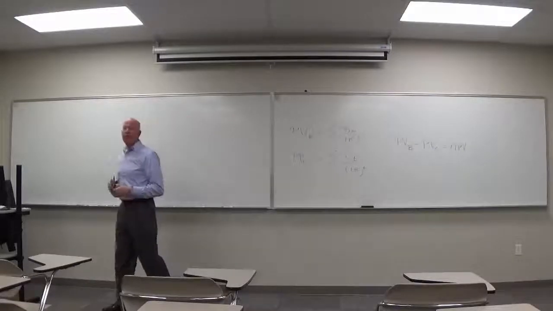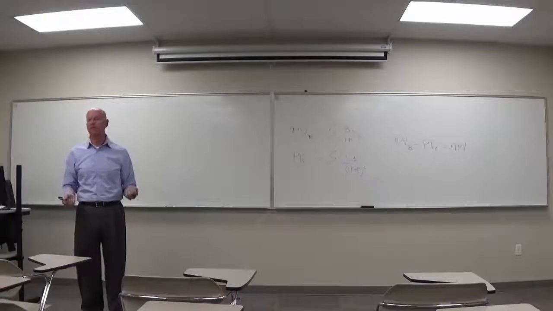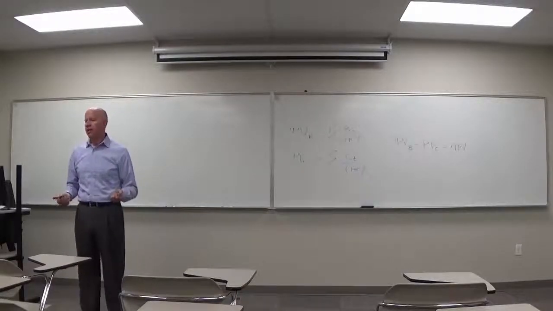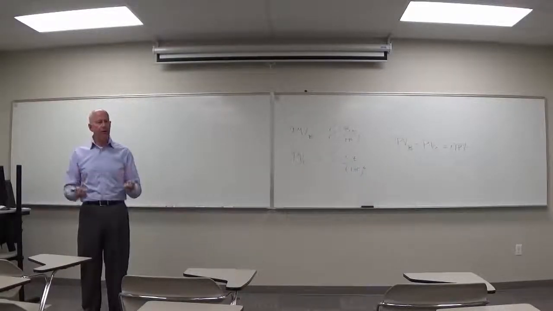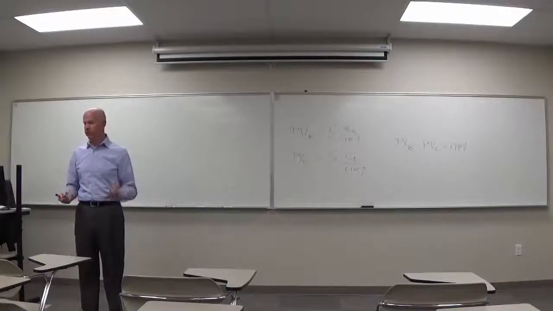And a net present value that is 0 doesn't mean there's 0 benefit over cost. It means the present value of the benefit minus the present value of the cost is equal to 0.